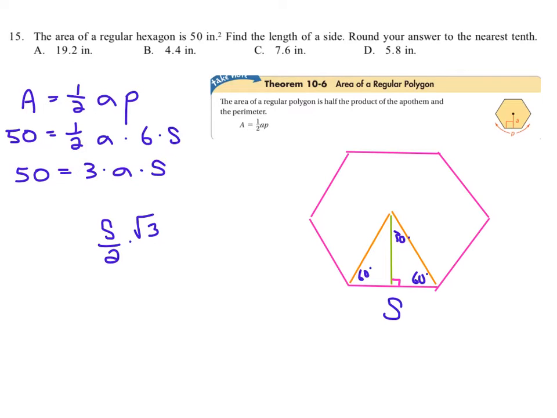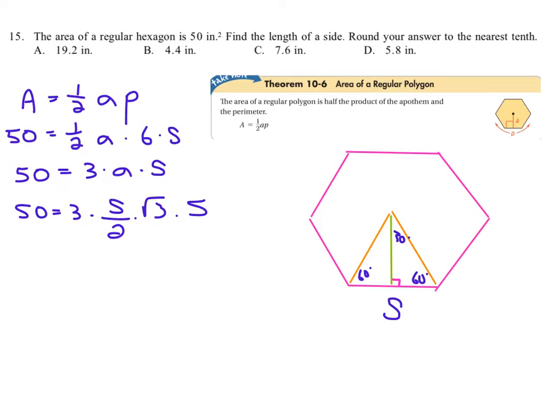And we're going to replace the apothem with S over 2 times square root of 3. Okay, and then let's fill in the rest. 50 equals 3 times S over 2 times root 3 times S again. Okay, interesting.